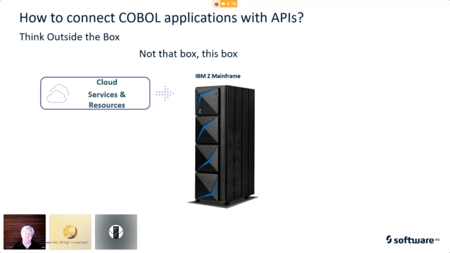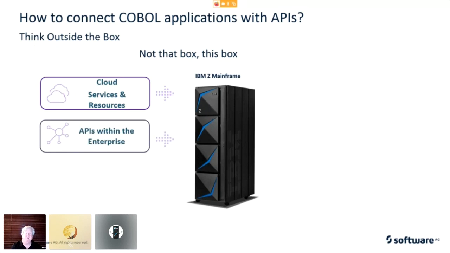There are those cloud services and resources we talked about, something as simple as email or address verification. But there's a whole host of services out there, you know, GIS interfaces, lots of different things that you can interface with. There are other APIs within your enterprise.